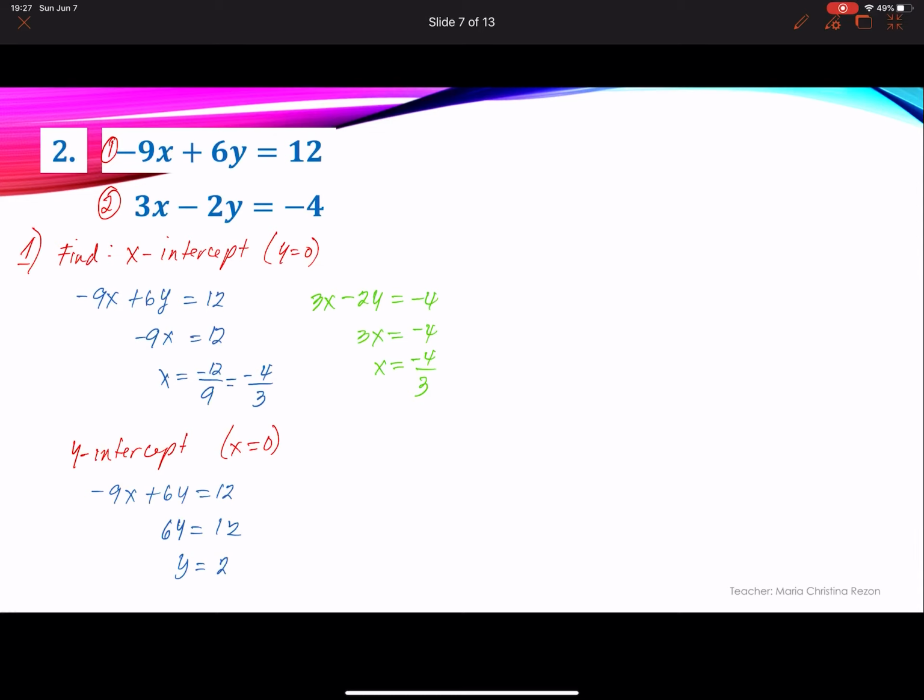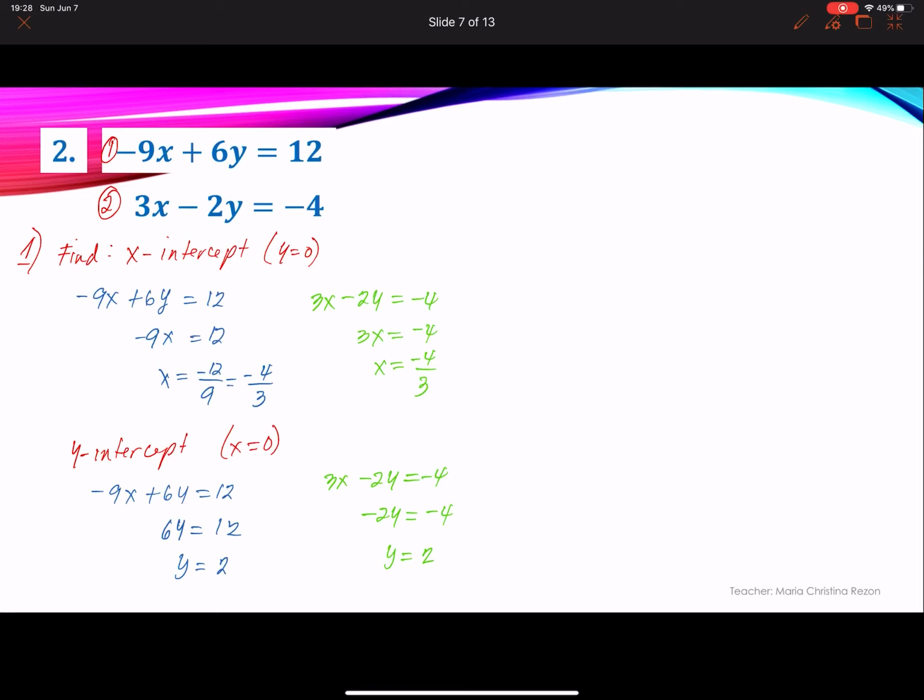And then you have 3x minus 2y is equal to negative 4. Set x to 0 this time because you are getting the y-intercept. So you have negative 2y is equal to negative 4. So y is equal to 2. And if you notice, the two equations have the same x and y intercept.